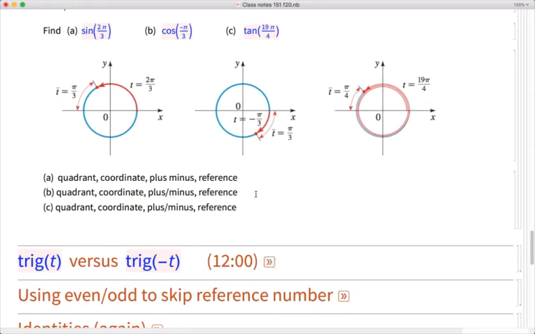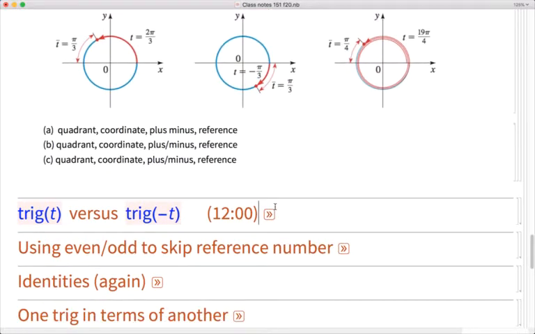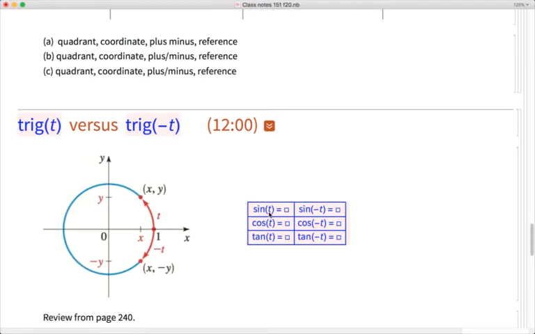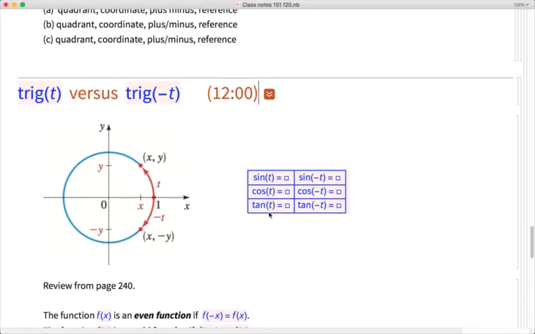We are at about 12 minutes now. Actually, I'll put these additional examples in the notes. Maybe you can pause, work them yourself, and then go to the notes to check your answer.